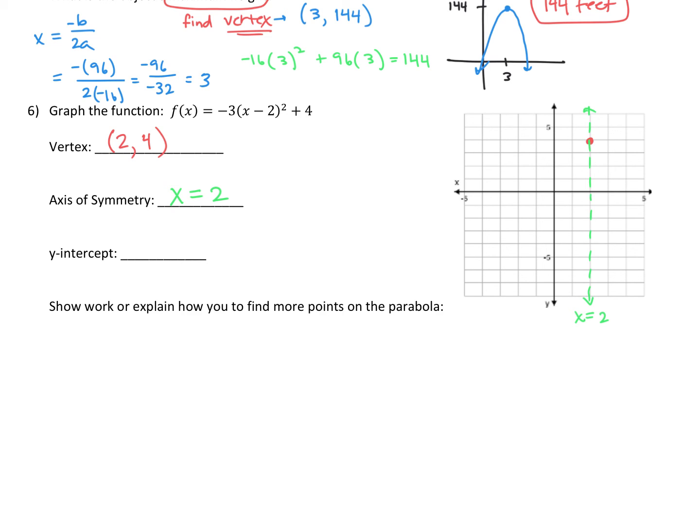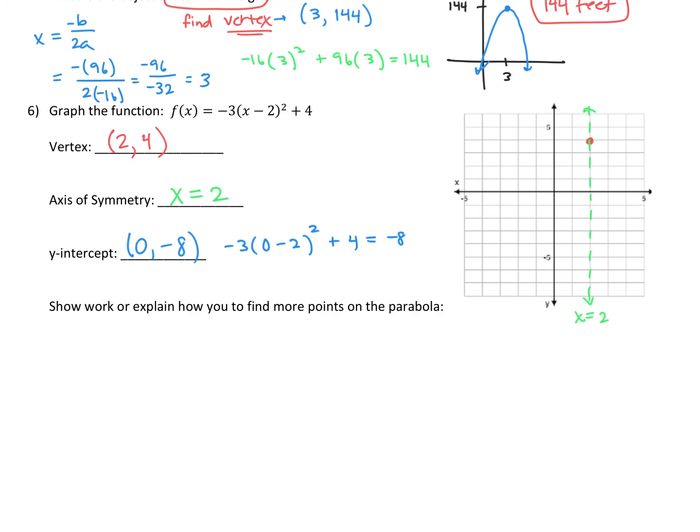So I'm just going to take the function -3 times (0 minus 2) squared plus 4, and then calculate that out. So y-intercepts can always be found by plugging in a 0 for any x's in the function. And the y-intercept is -8. So that's going to be the ordered pair (0, -8).